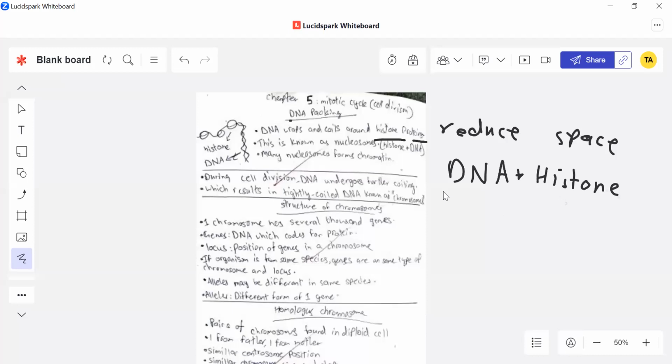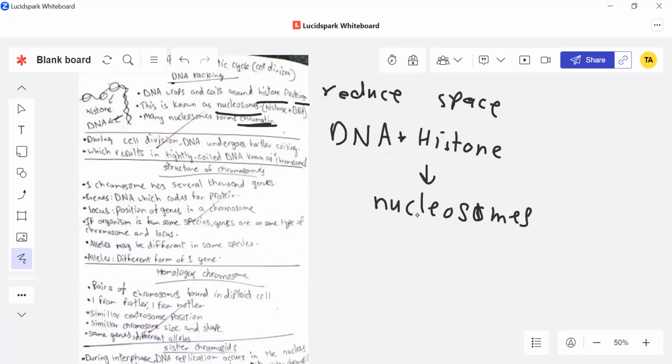And when these two combine together, they form something called nucleosomes. So DNA plus histone makes nucleosomes. A lot of these nucleosomes combine together to make chromatin.